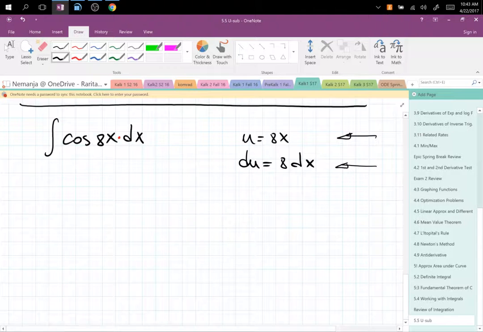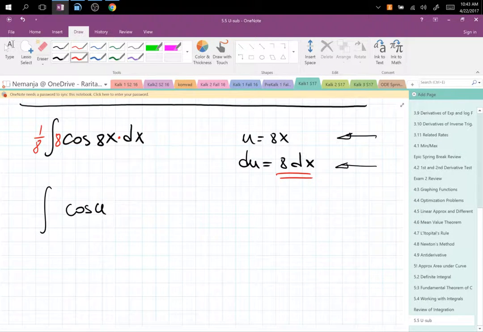But now when you start substituting, you go, okay, that's cosine u, but then you only have a dx and you need 8 dx. So you are going to fix that by placing an 8 and 1 over 8 to balance it out in front. Because 1/8 times 8 is 1.